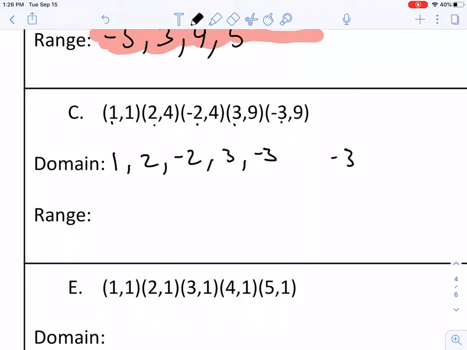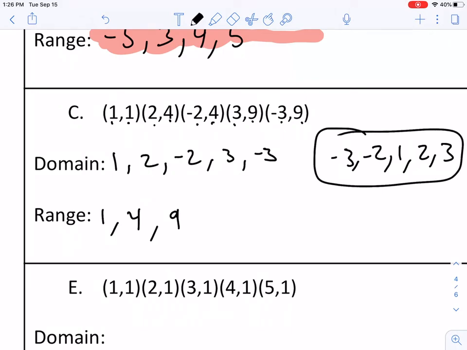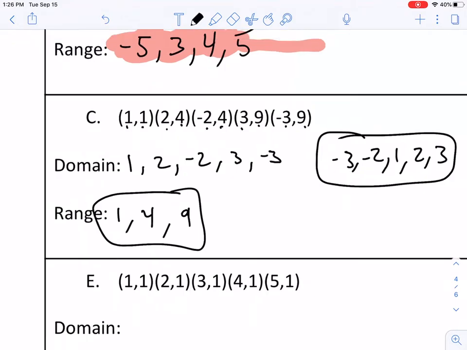So like -3, -2, 1, 2, and 3. And then our y values, our range, we have 1, 4, 4 again, so I'm not going to list that twice, and 9, and then 9 again, so I'm not going to list that twice. So our domain and our range.